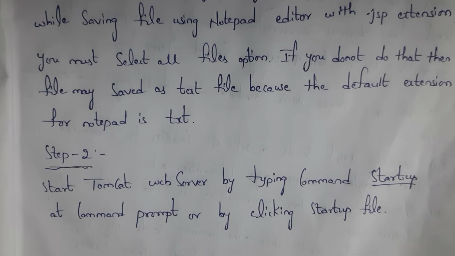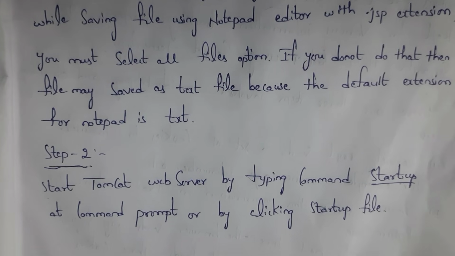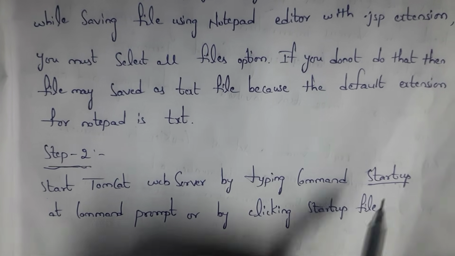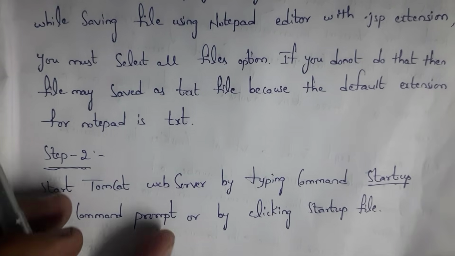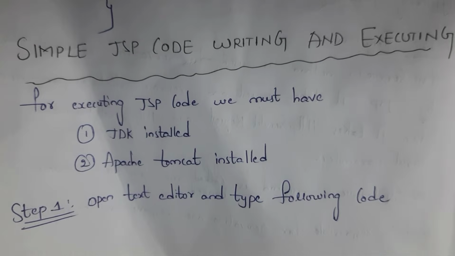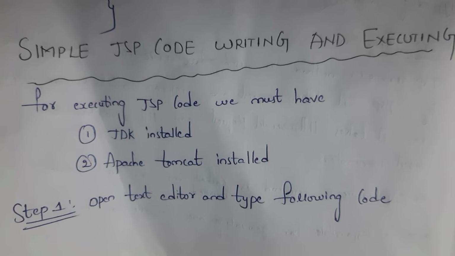Next step is to run the Apache Tomcat server. Open command prompt and enter startup, or else you can also open Apache Tomcat directly. This is how we can execute a JSP program in our system.